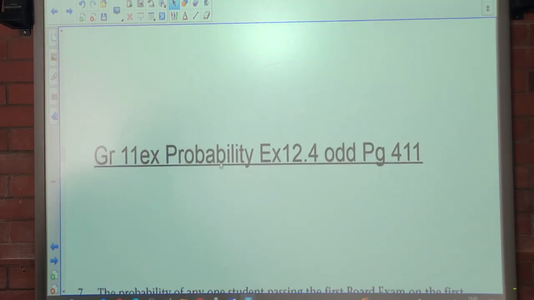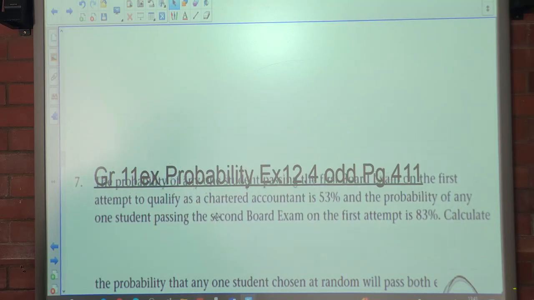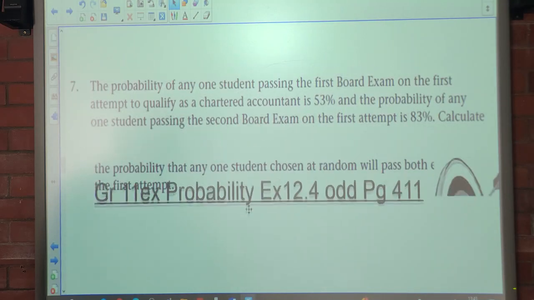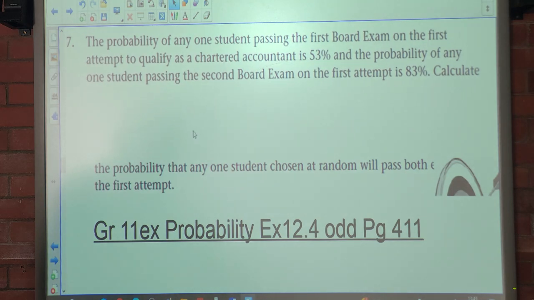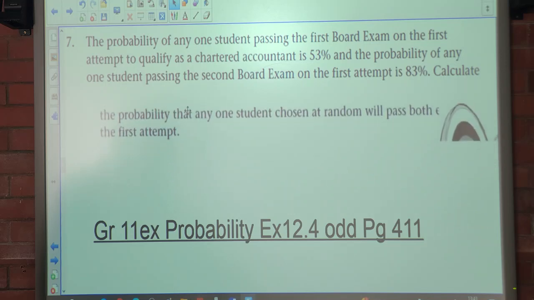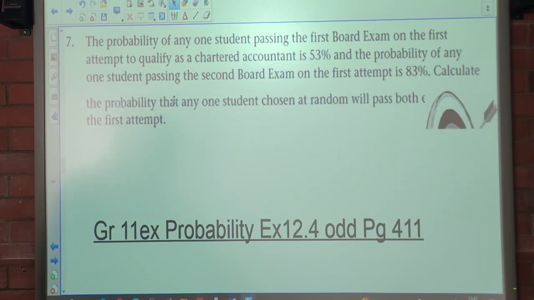Let's go to number 7. We are told the probability of any one student passing the first board exam on the first attempt to qualify for a chartered accountant is 53%.